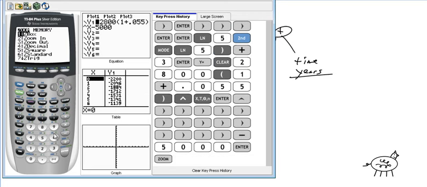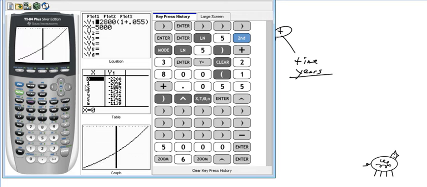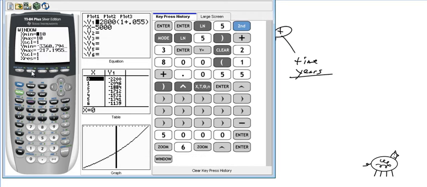Okay, we're going to do zoom 6. All right, so you can see this is kind of out of the range here, right? So let's try a couple other things. How about zoom fit? Very interesting. Okay, so you can see it's kind of fitting up here. Let's go to the window, because sometimes you want to make the window fit a little bit nicer. Looks like I need to make my X max a little bit bigger, so I'm going to go 50.